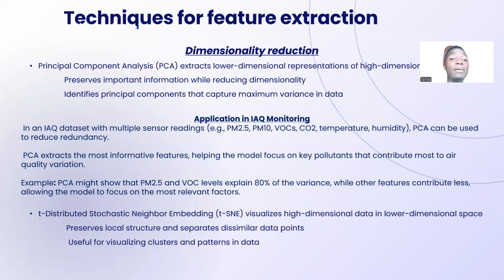Here we shall normally use the PCA, the principal component analysis, which extracts lower dimensional representation of high dimensional data. It preserves important information while reducing the dimensionality, and it identifies the principal components that capture maximum variance in data.